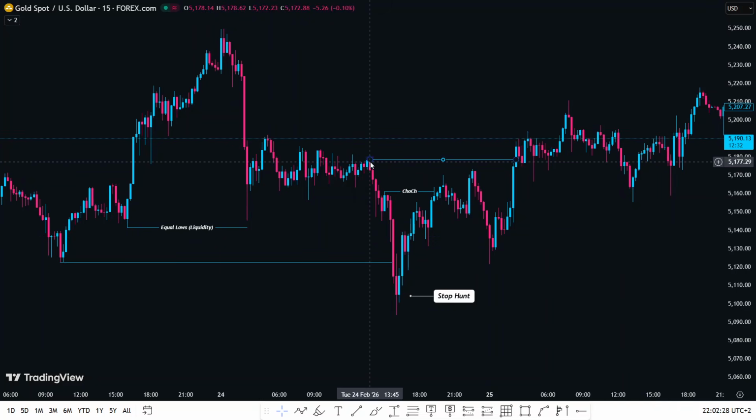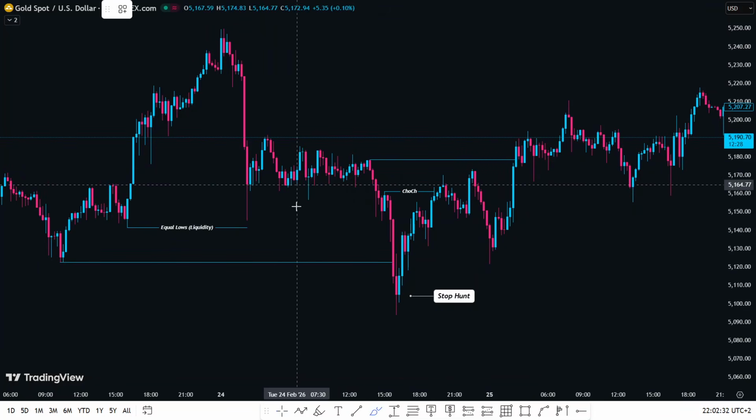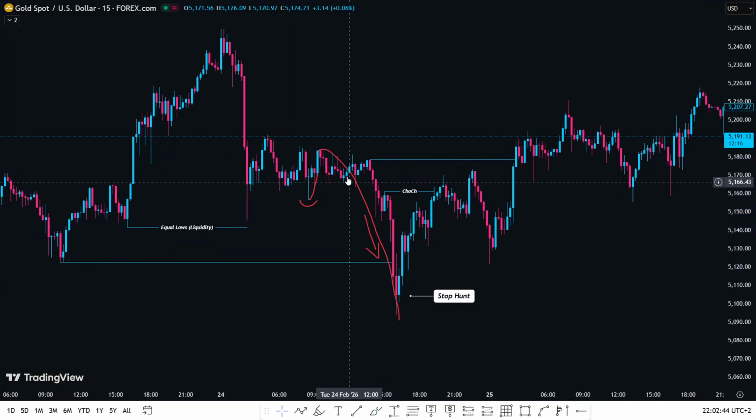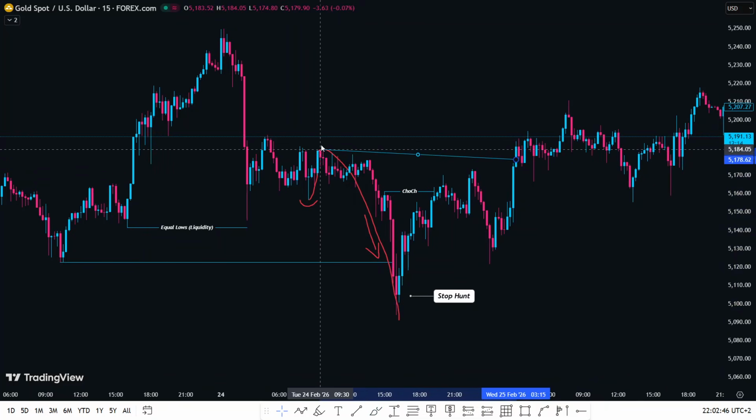So the major structure high, remember right now, we have this low here or this downwards move, right? So we're going to look for where the high is. Major structure high for me is here, around here, right?